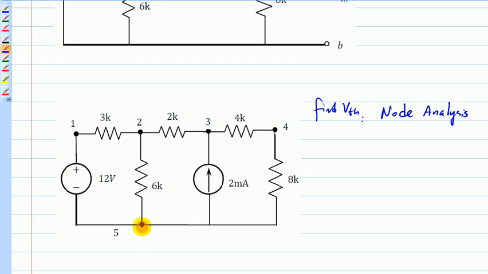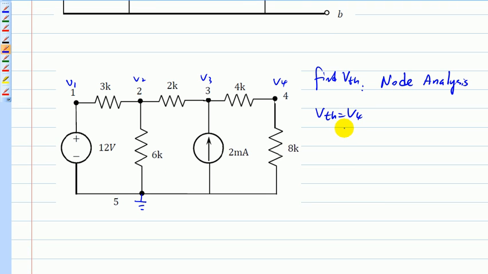So I'm going to designate node 5 as the reference, as if it is grounded here. Basically, you assume V1, V2, V3, V4, and V5. If we can find V4, that's essentially VTH, which is equal to V4.